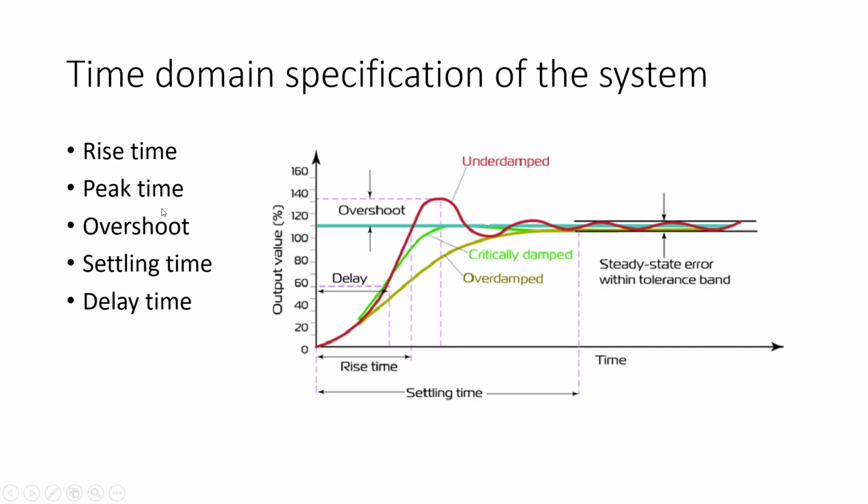Next is time domain specification of the system. Systems of second order or higher have time domain specifications like rise time, peak time, overshoot, settling time and delay time.